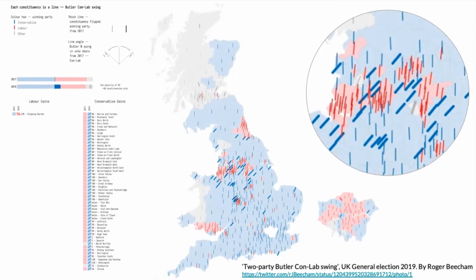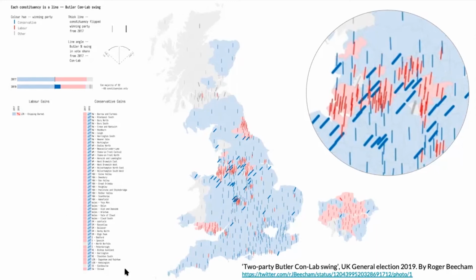So if it's a thick line, then it flipped. And he's used the angle of the line to communicate what was the swing in vote share from the last election. So it's a really data-dense graphic that he's managed to fit a lot into because he's using this whole array of different visual variables that can all work together in complement.